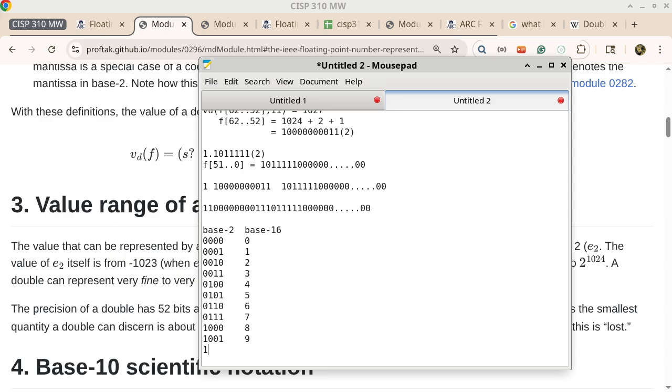1010 is a 10. No, it is not a 10, because the way we write a 10 is 10. But 10 in base 16 is representing what? Let's think about this. This is going back to how we interpret numbers. We are looking at a number that is 10, but it is in base 16. Are we good so far?